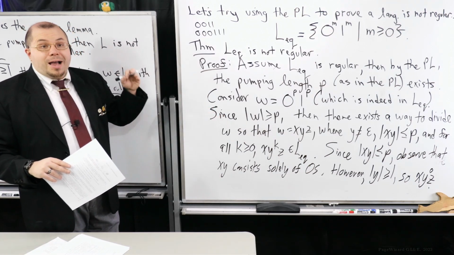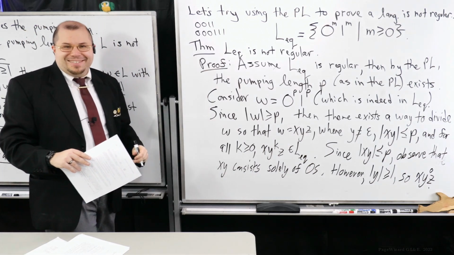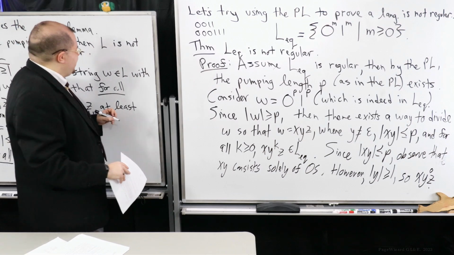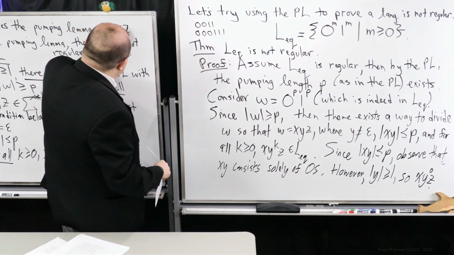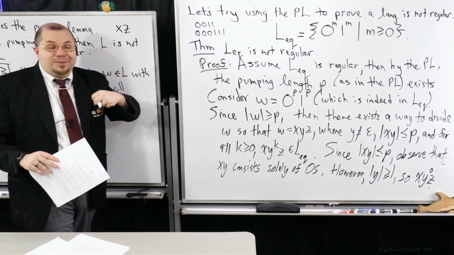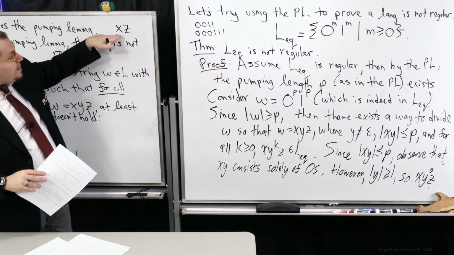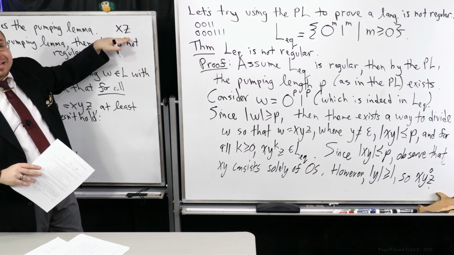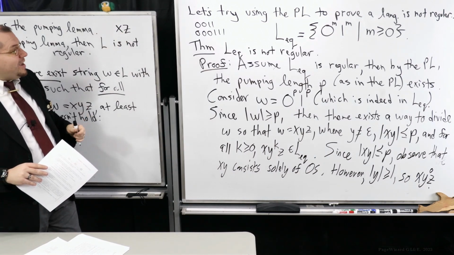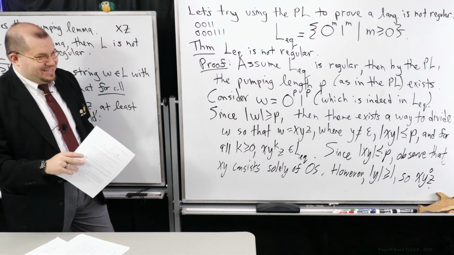So if y has at least one 0 in it, what happens if I write down just xz? Remember, y takes away at least one of the zeros. So would xz be a part of LEQ? It isn't. It can't be, because now there are fewer zeros than there are ones.